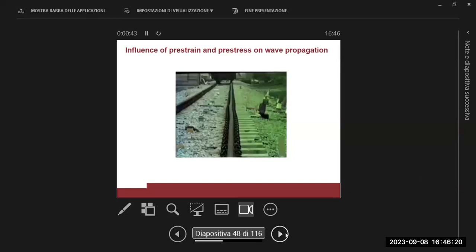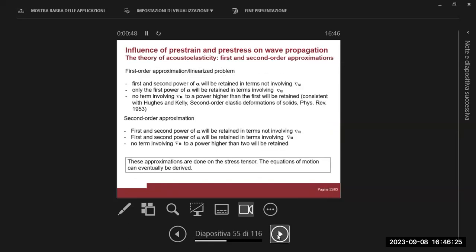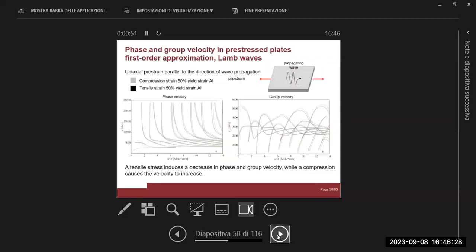And with this theory, in the past, many researchers were able to describe the change in wave speed due to the initial pre-stress and pre-strain. You see, for instance, these curves that represent the change in phase velocity and in group velocity in a plate which is subjected to an initial state of pre-stress and pre-strain.